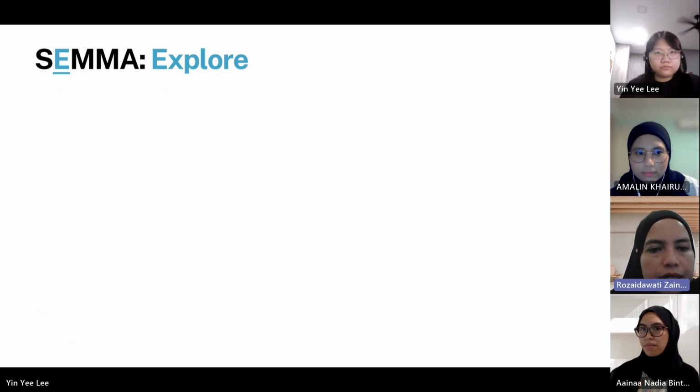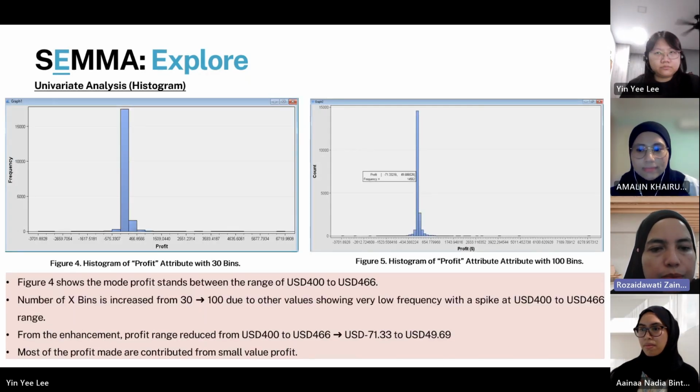Based on these diagrams, it shows that the mode profit stands between range of USD 400 to USD 466. And due to other values showing very low frequency with a spike of 400 to 466 profit range, the number of bins is increased from 30 to 100 bins to dig deeper on which range contributes to the high frequency of profit.